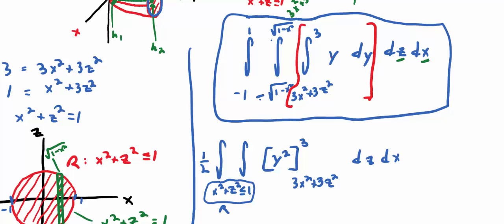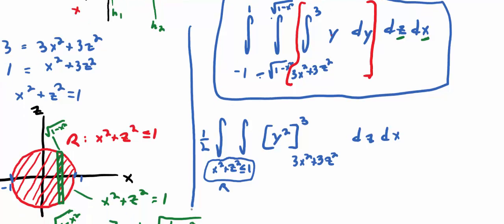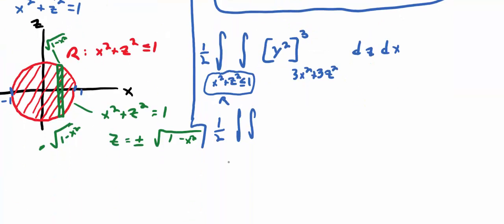Okay. All right, so then we have a 1/2, and then what does this become? Well, up top we get what? When we plug in the upper limit? 9 minus 3x squared plus 3z squared, squared.